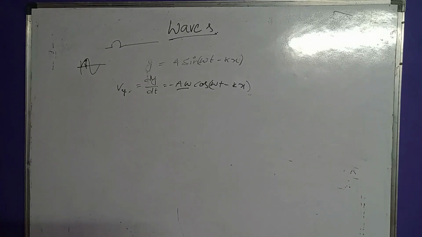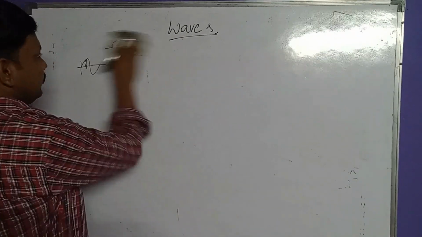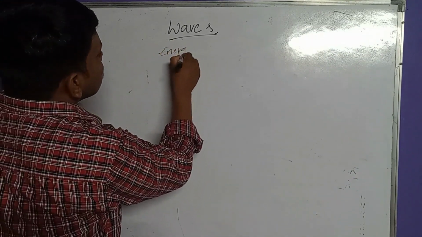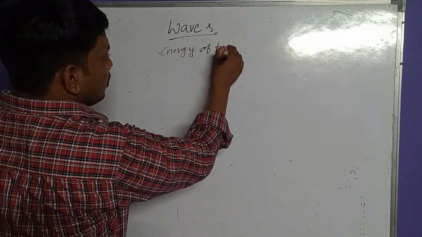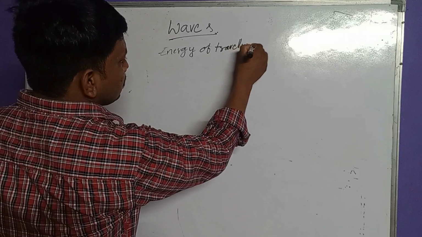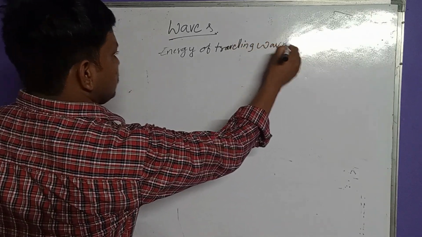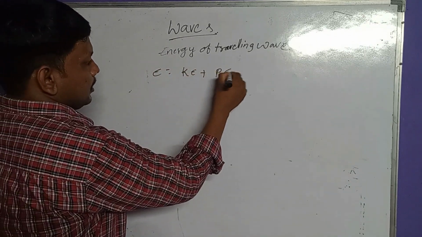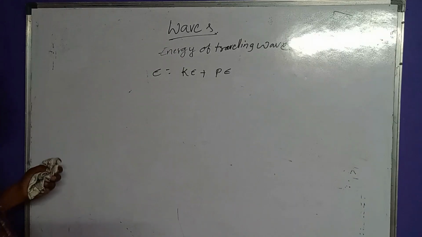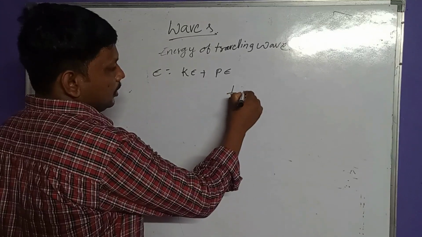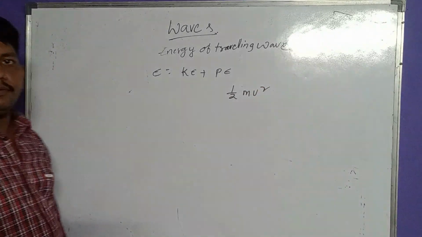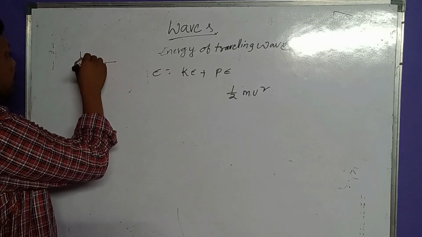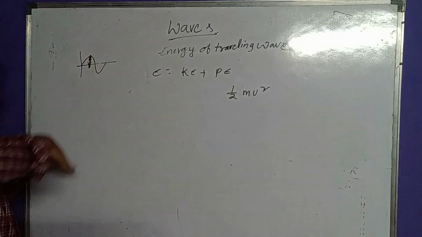Next our topic is energy of the traveling wave. Energy is equal to kinetic energy plus potential energy, right? Kinetic energy is half mv square. Let us consider one particle. The particle is moving upward and downward.